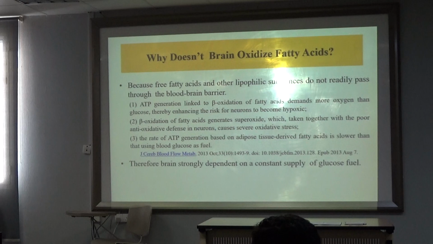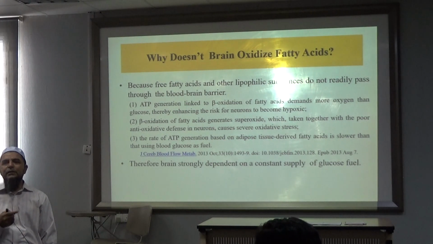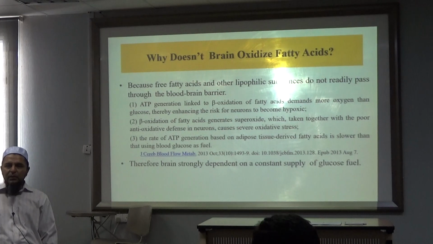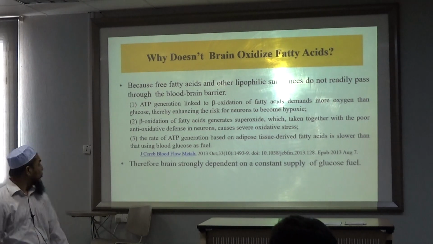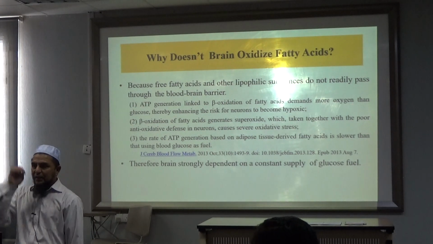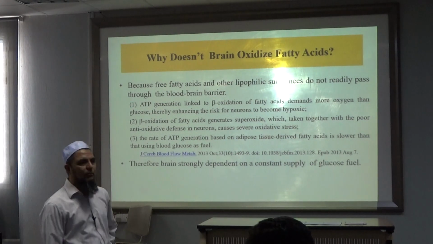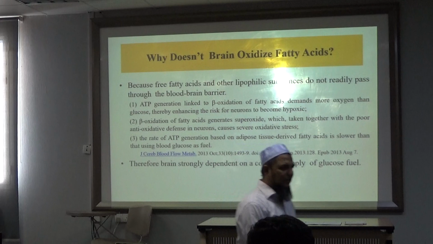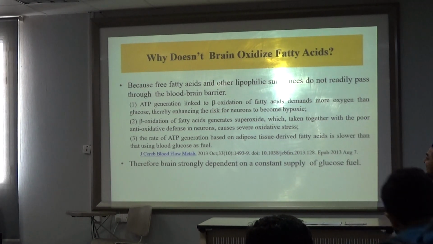And third, another important point, the brain needs quick energy. It cannot wait for the energy to come before it starts to function. Somebody hits you, you need to see quickly. By the time the energy comes, it sends the message.